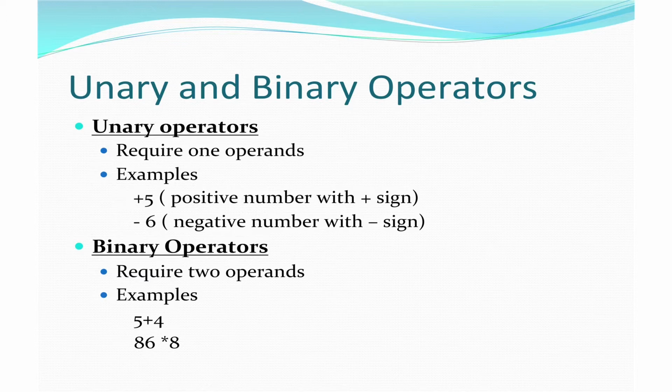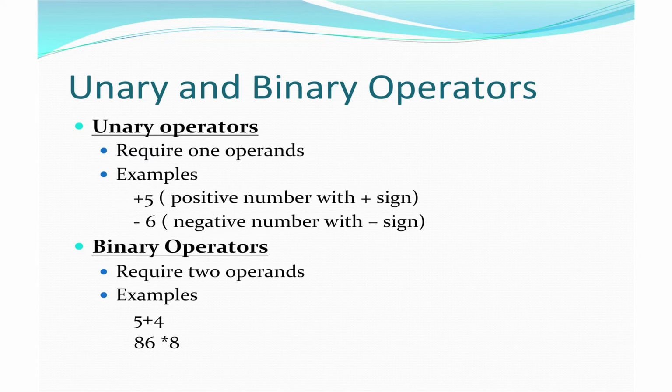Now, since by default all numbers are considered to be positive, I rarely use plus sign. But if I want to show a negative number, then a minus sign has to be given. So, minus here is a unary operator which requires just one operand to signify its sign. So, that is a unary operator.